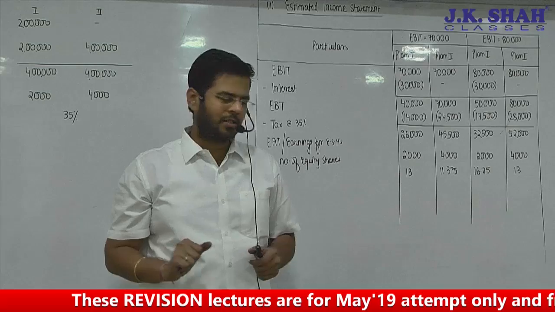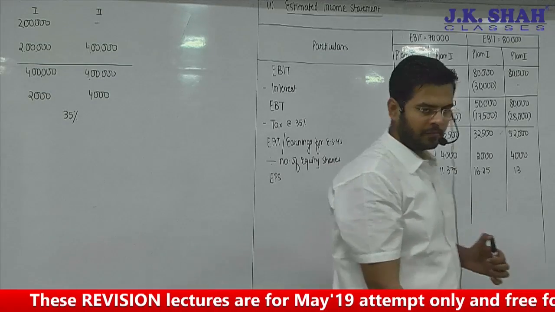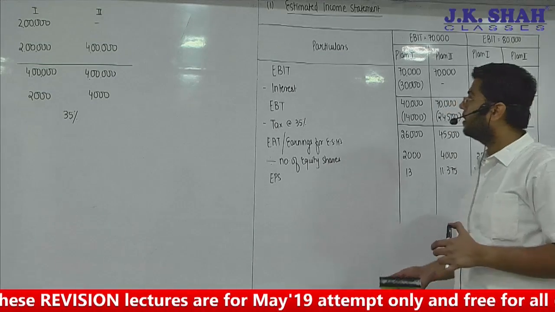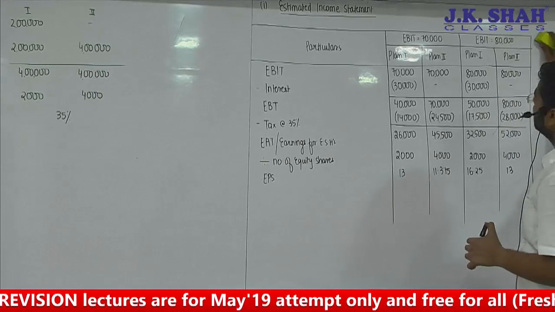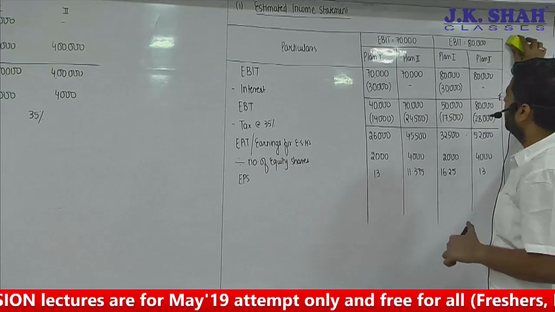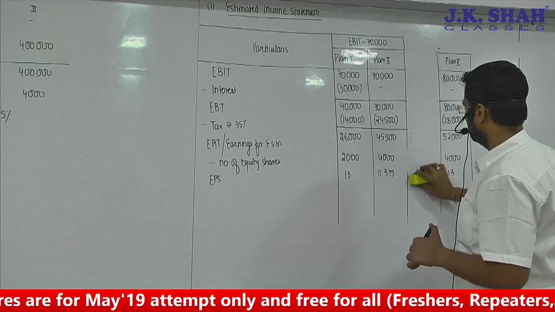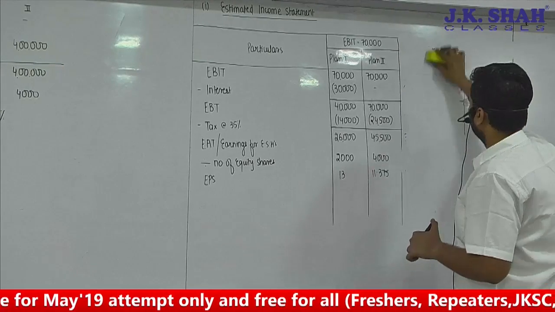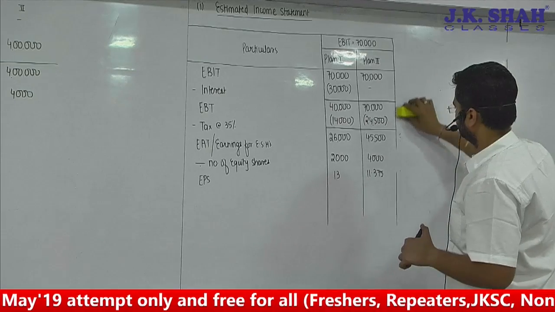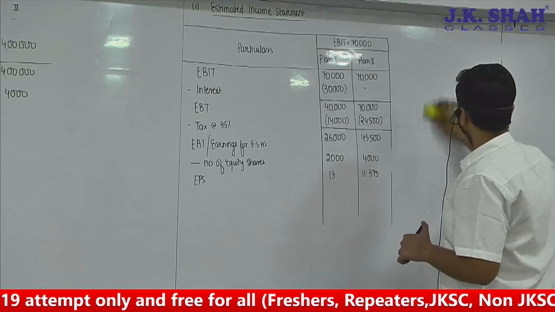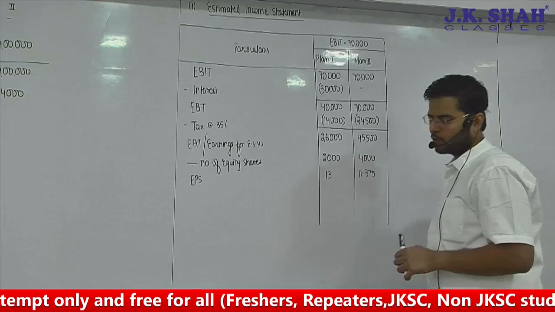For this part of the discussion, I would like to erase these calculations which I have just done, keeping EBIT of 70,000 only. I would like to just erase this information so that we can understand the stuff easily. Okay, so the question goes this way.